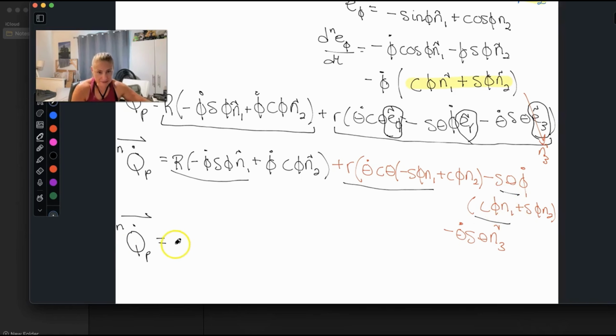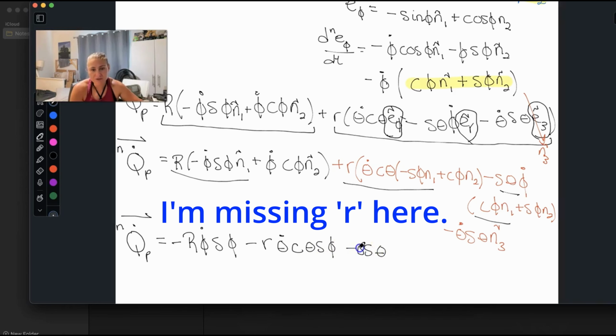So we have negative R phi dot sine phi minus R theta dot cosine theta sine phi minus sine theta phi dot cosine phi.